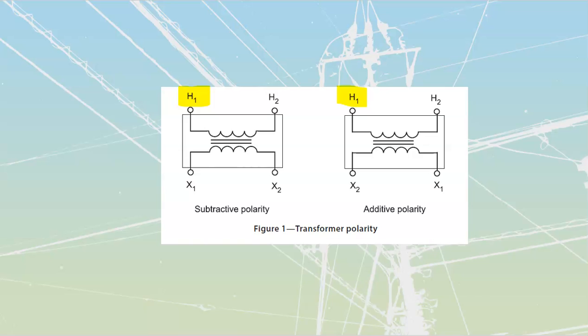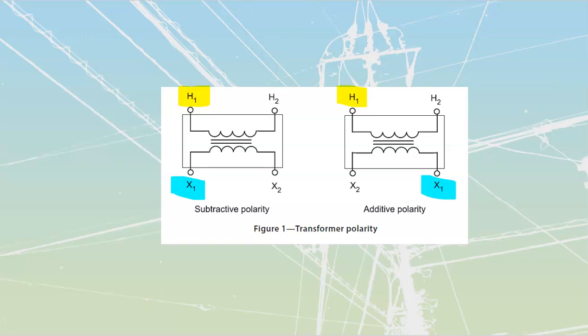Then if I take a look, it is the relationship between the H1 and the X1 that is going to determine whether something is going to be additive or subtractive. And really where it's getting this whole additive or subtractive thing is always going to be based upon some autotransformer action. We're going to examine that later on and talk about why these are called additive and subtractive, but that's not for another couple of learning tasks till we're into our autotransformers.